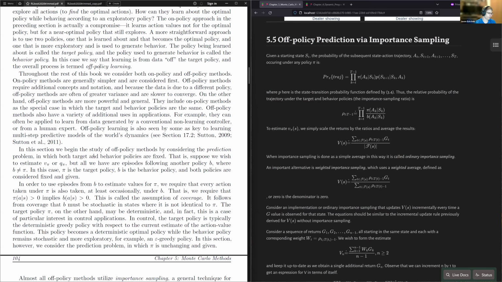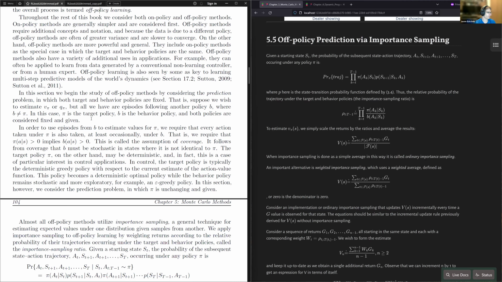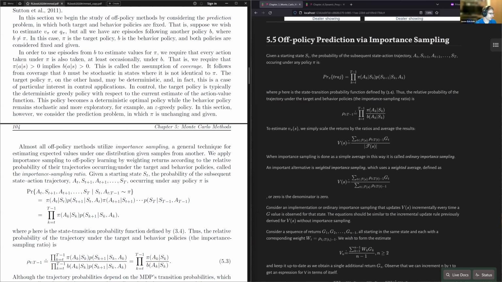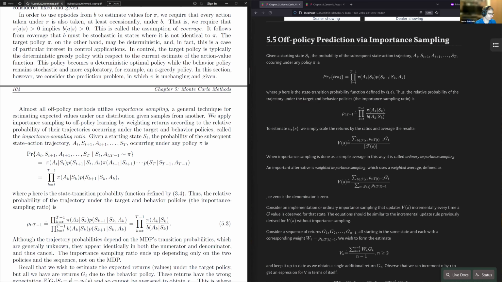So again, as usual, we start off with the prediction problem. And there is this important detail that the behavior policy has to cover the policy that we care about. There has to be some probability of the behavior policy actually doing what the target policy does. So there can't be an action that the target policy takes at a particular state that the behavior policy does not have any probability of taking. The reason for that is because these ratios end up being used to compute weights that we adjust the average with.